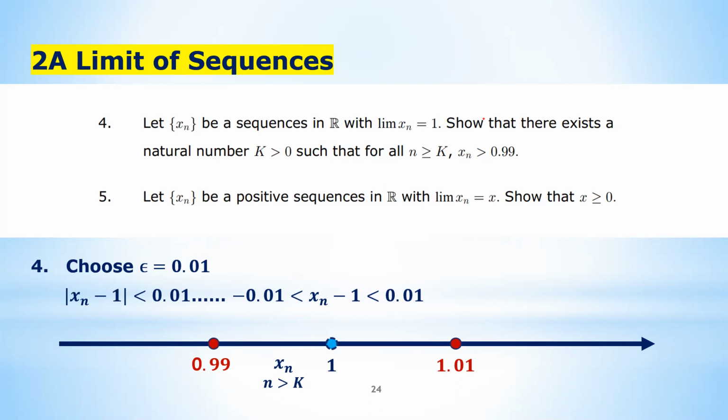Part of this inequality is sufficient to prove our result. Adding 1 to each side: on the left side, minus 0.01 plus 1 becomes 0.99, so 0.99 is smaller than xn. On the right side, you get xn less than 1.01. But only half of this inequality is relevant to this problem. We only use the left side, xn greater than 0.99. That's it.